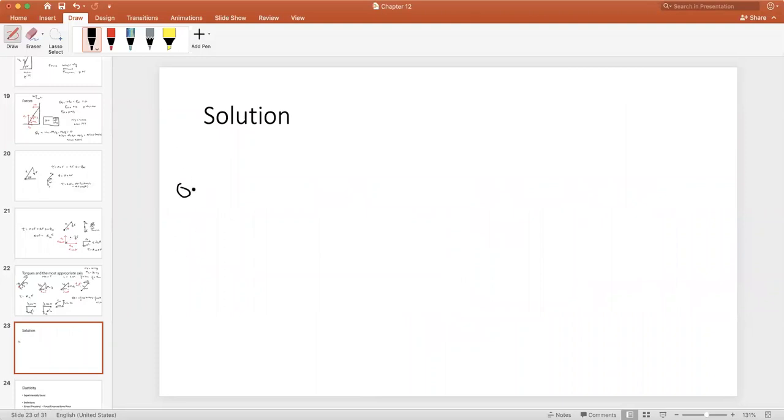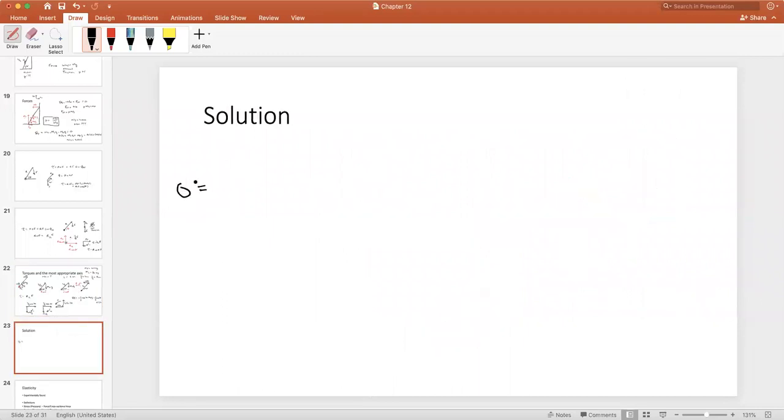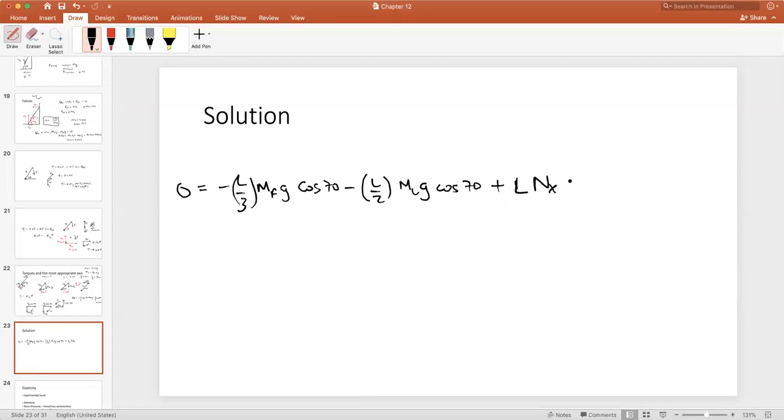So 0 is equal to... I'm going to write this a little bit differently. m_f g L/3 cosine of 70, minus L/2 m_l g cosine of 70, plus L times n_x times sine of 70 is equal to 0.